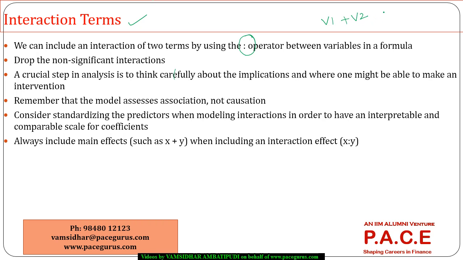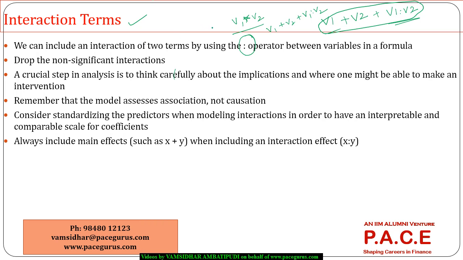But if I want to know the interaction, how V1 and V2 together are influencing the dependent variable, then I'll use a colon operator. Instead of these three separately, I can think of V1 star V2, which will take V1 plus V2 as well as the interaction between V1 and V2. So even that can be typically done.